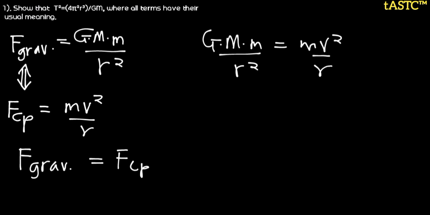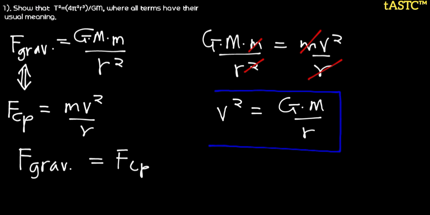Now from this place we know that r is going to cancel one of the r on the other side, and you're going to have the mass of the Earth cancel the other one. So this will leave us with v squared equal to G multiplied by M divided by r. So we need to hold this at the back, very useful.